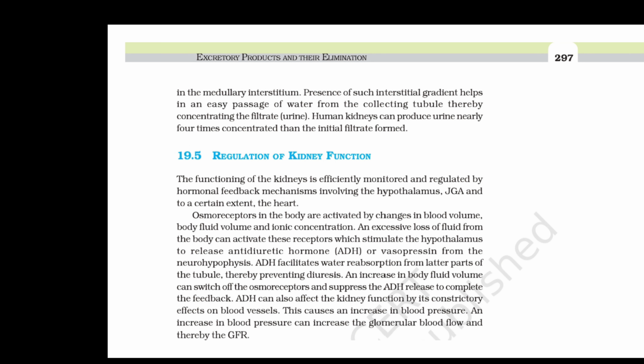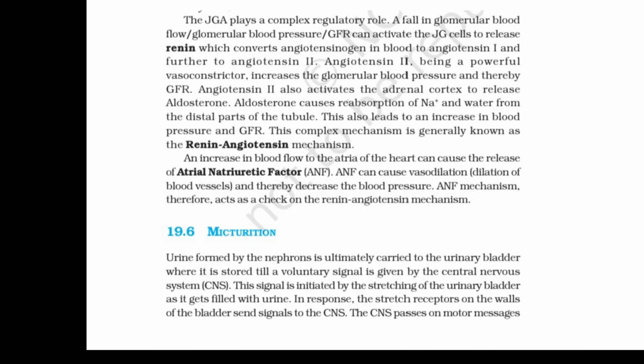ADH can also affect the kidney function by its constrictory effects on blood vessels. This causes an increase in blood pressure. An increase in blood pressure can increase the glomerular blood flow and thereby the GFR. The JGA plays a complex regulatory role.